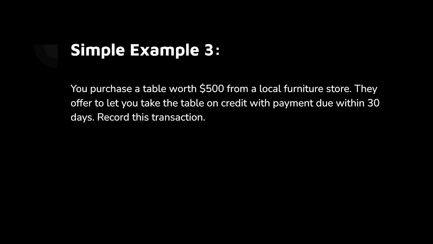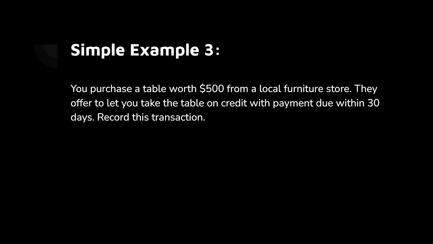You purchase a table worth $500 from a local furniture store. They offer to let you take the table on credit with payment due within 30 days. Record this transaction. So here, what did we gain? We gained a table. And what other account was affected?